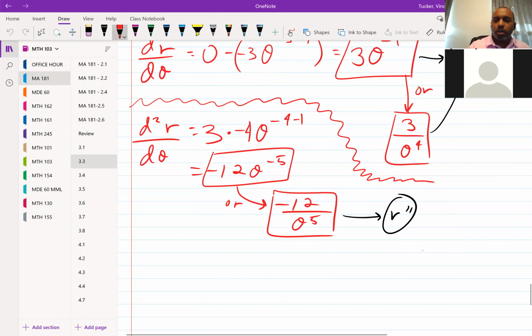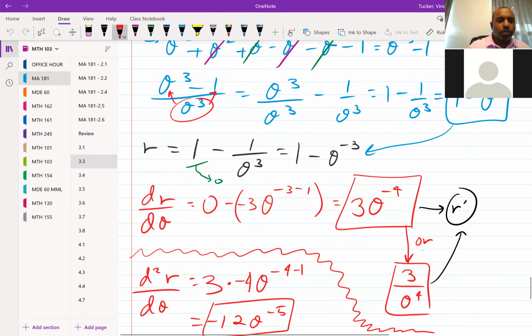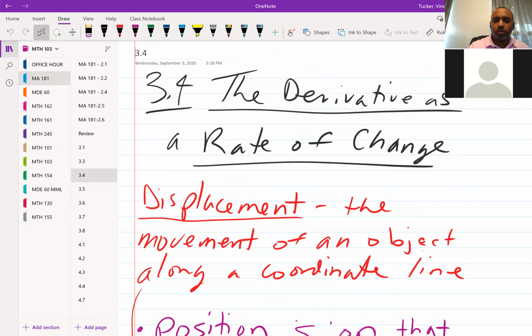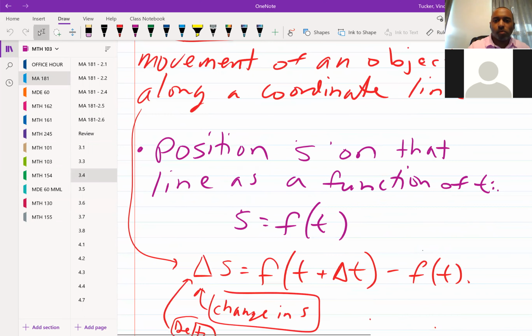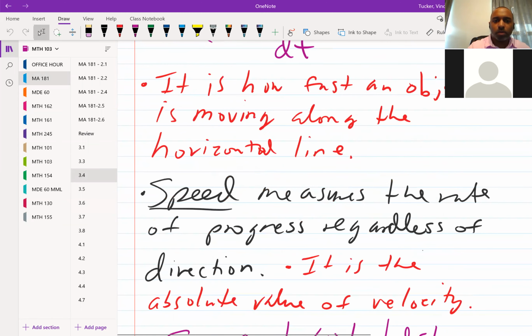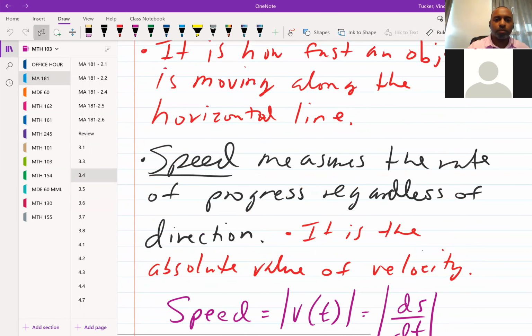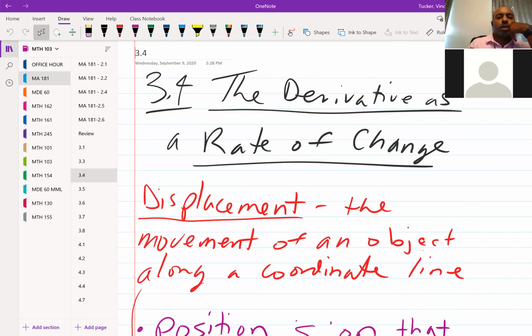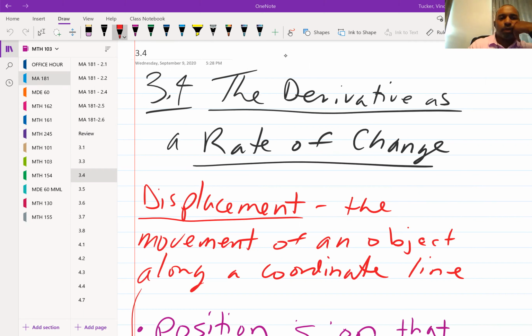So last we talked, we did derivatives. So let's look at 3.4, derivatives as a rate of change.